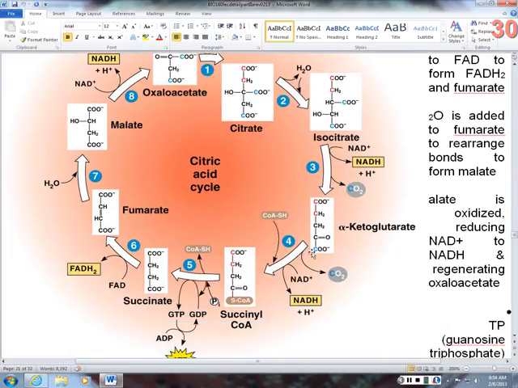So you're going to pull off another one of the carbons in here. And when you do that, more electrons move, so you get more NADH. And then the coenzyme A hops on here again, and you end up with succinyl-CoA that only has 4 carbons in it.